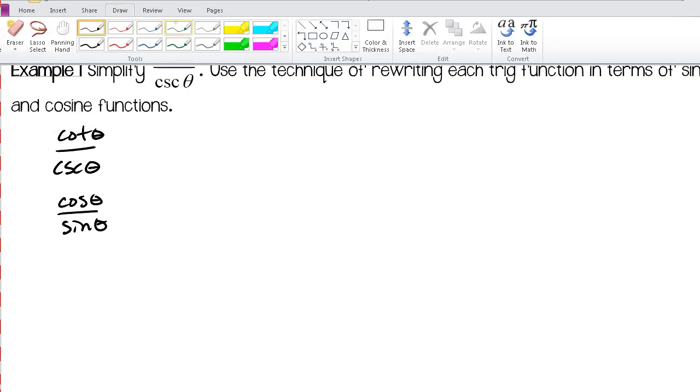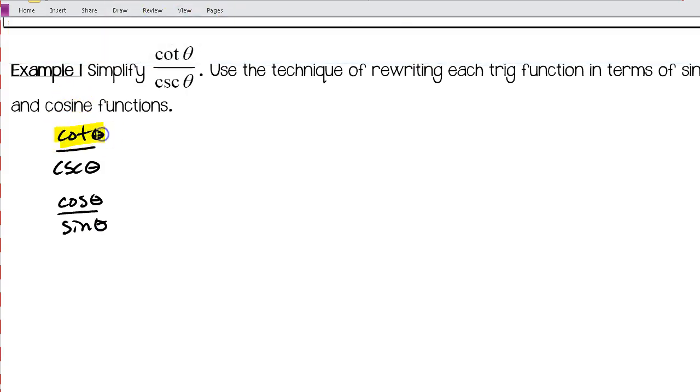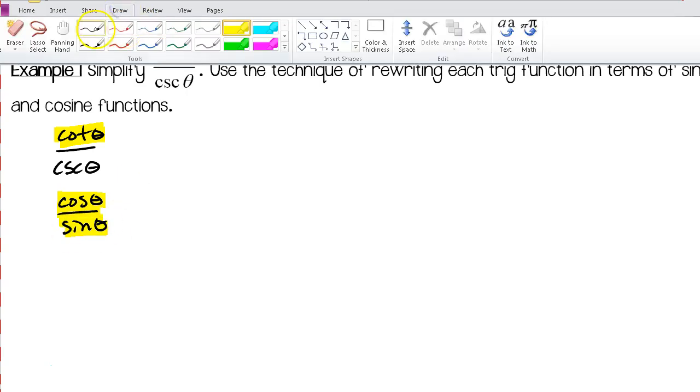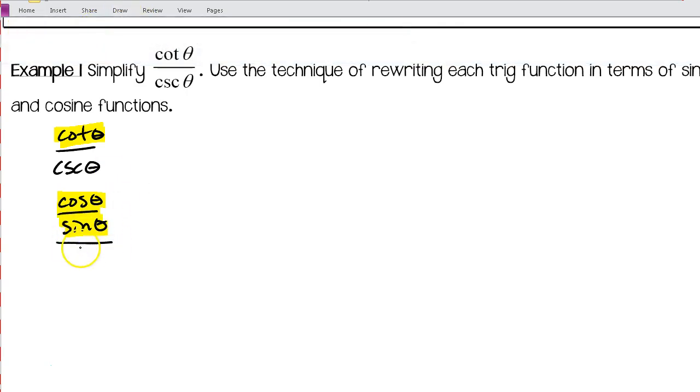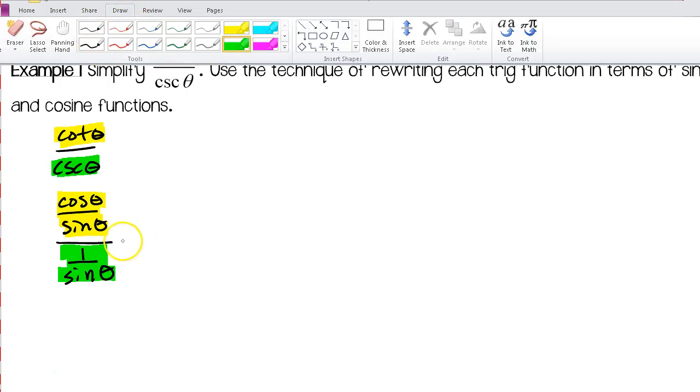So the cotangent is equal to cosine over sine. And I know that the cosecant is 1 over the sine of theta. So I'll highlight that a different color so you can see this cosecant becomes 1 over sine of theta.